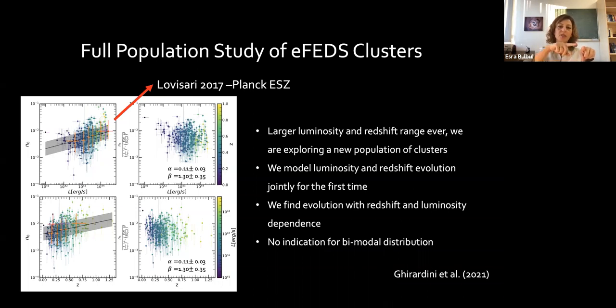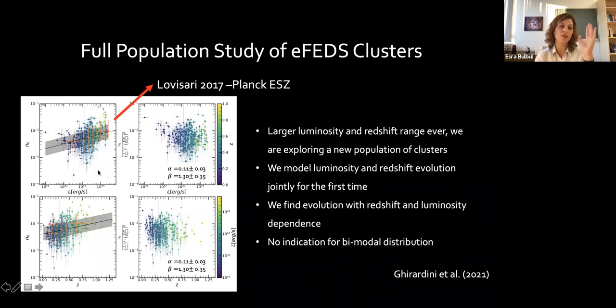We looked at the number density evolution with redshift and luminosity for the first time. Now we have large enough cluster samples, covering large enough redshifts and a large enough luminosity range, that we can constrain their evolution. You can see our bins here in orange, in number density as a function of redshift and luminosity.